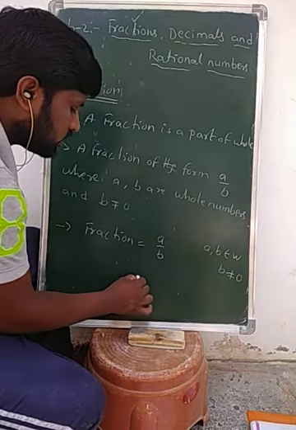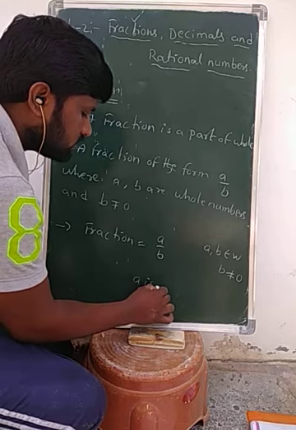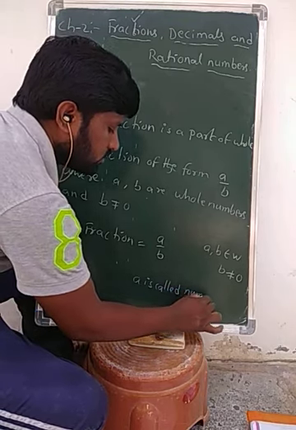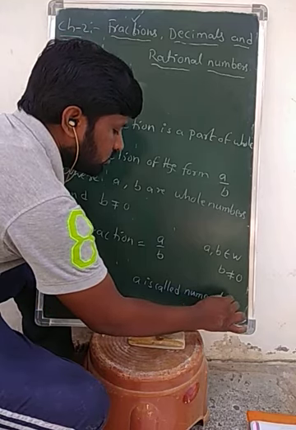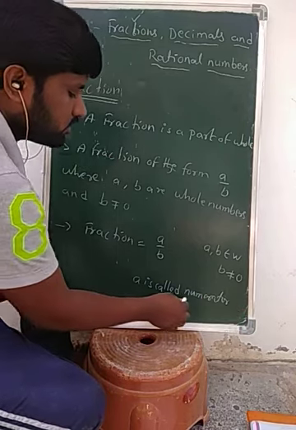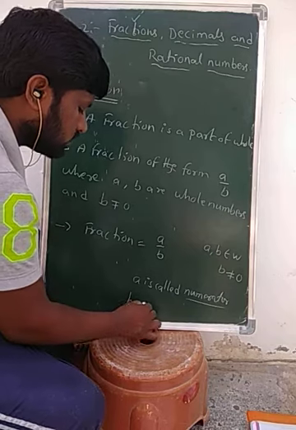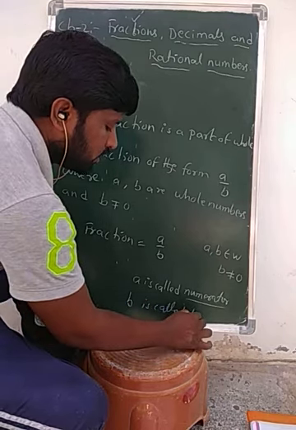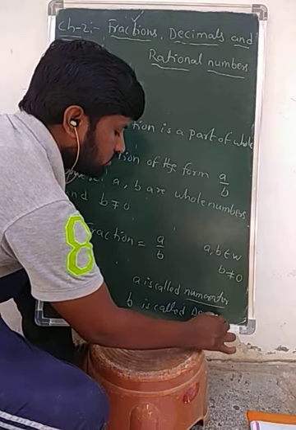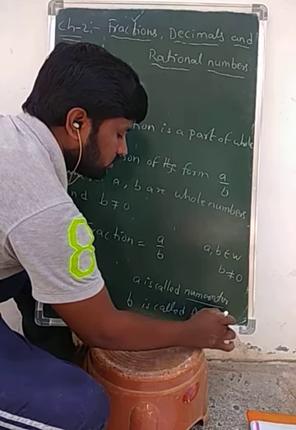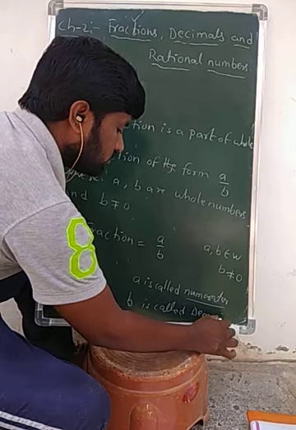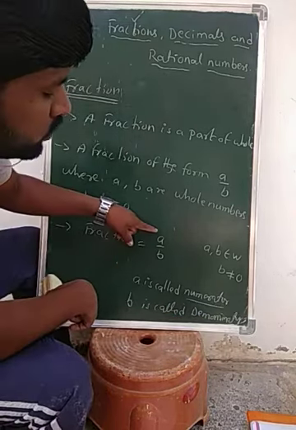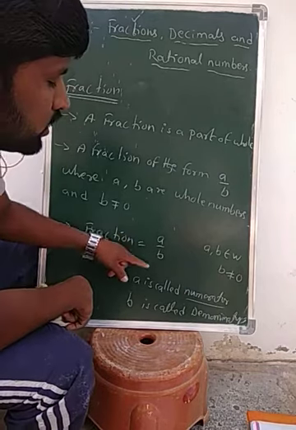Here a is called a numerator, and b is called a denominator.